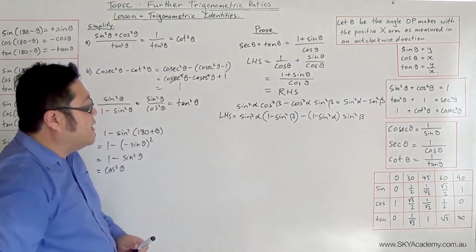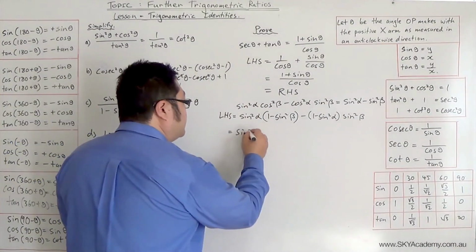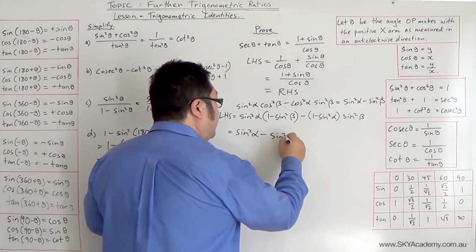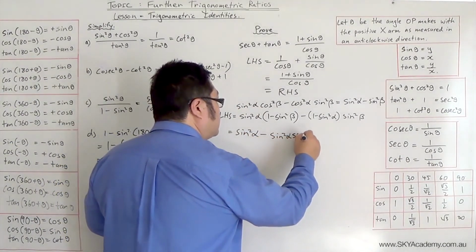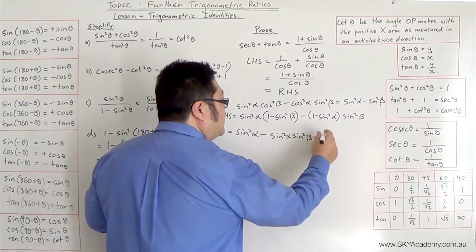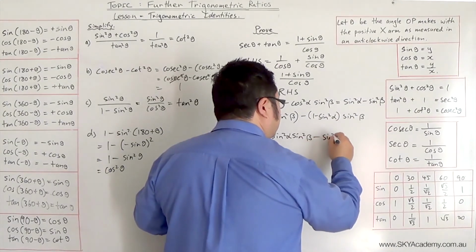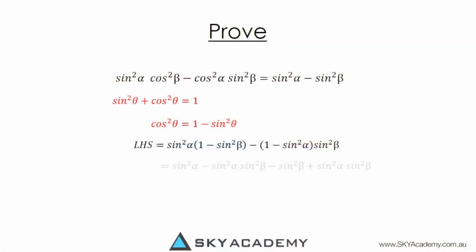So that's going to become sine squared alpha minus sine squared alpha sine squared beta, minus 1 times sine squared beta is minus sine squared beta, minus minus becomes plus, plus sine squared alpha sine squared beta.